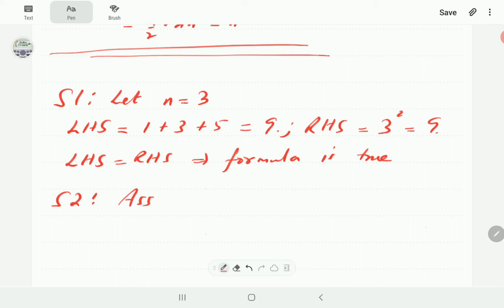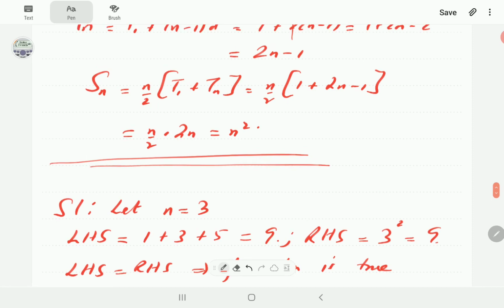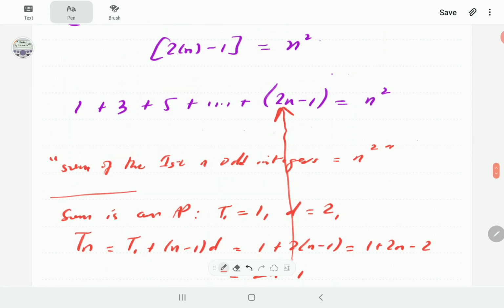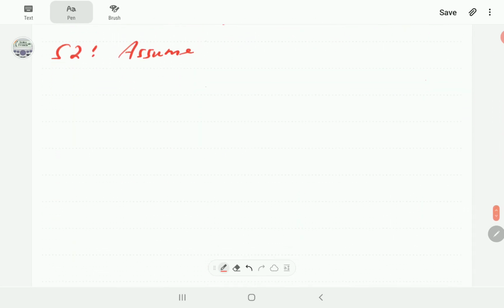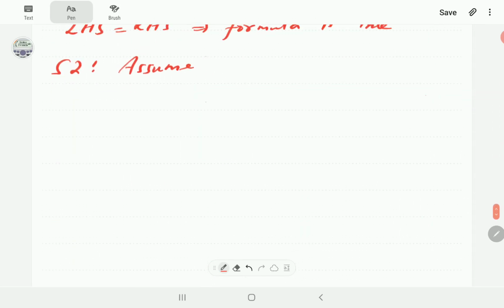Then step 2, we are going to assume that this formula here is going to be valid for some value of n called k. So we're going to have 1 plus 3 plus 5 plus 2k minus 1 is equal to k squared.